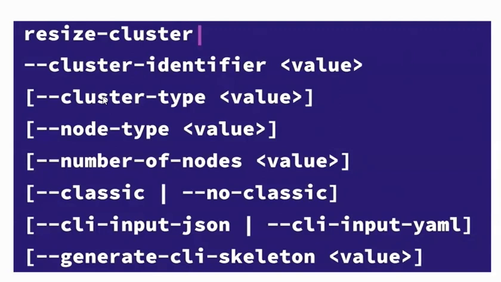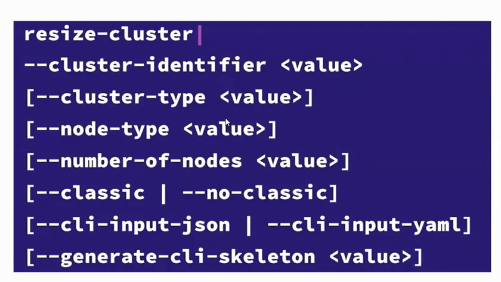Then the cluster type that you need to provide: either a single-node cluster or a multi-node cluster. If it's a single-node cluster, then you don't need to specify the number of nodes. If it's a multi-node cluster, then you must specify how many nodes.